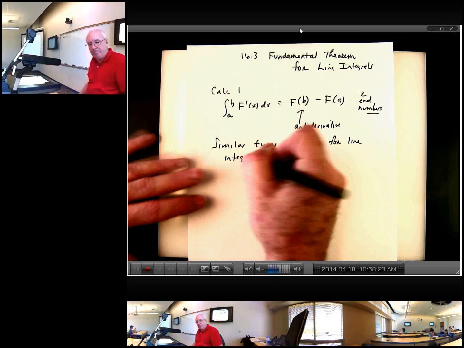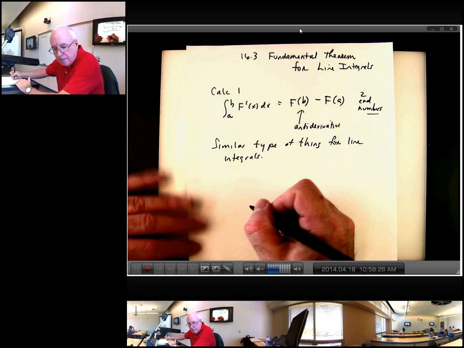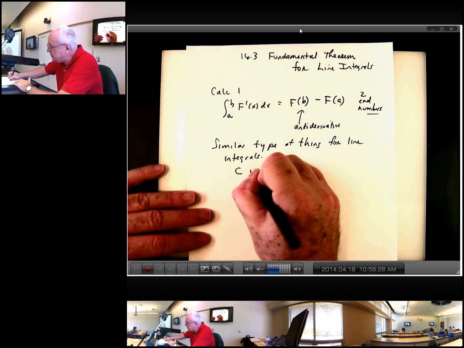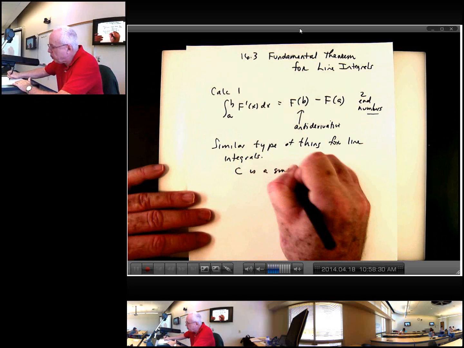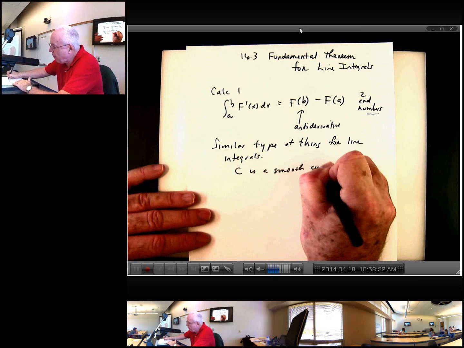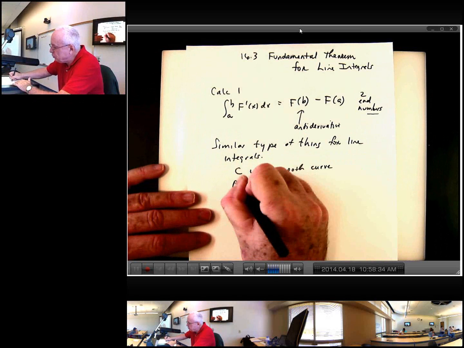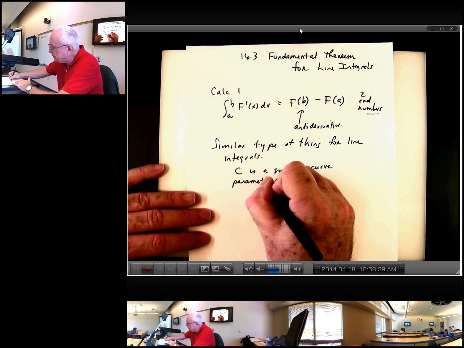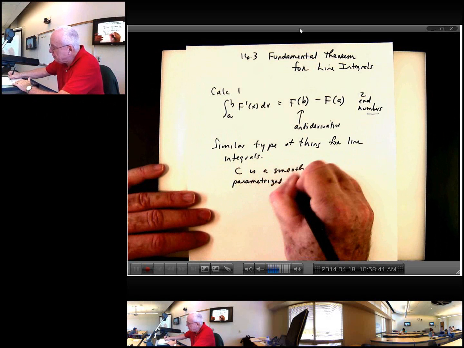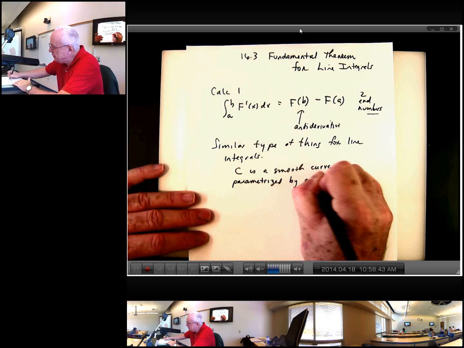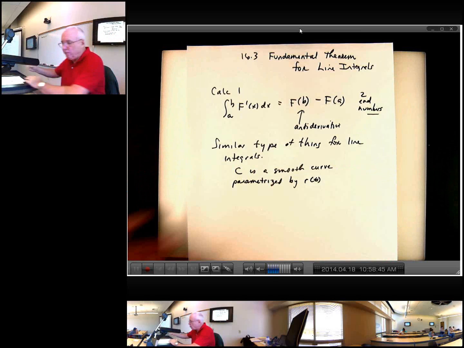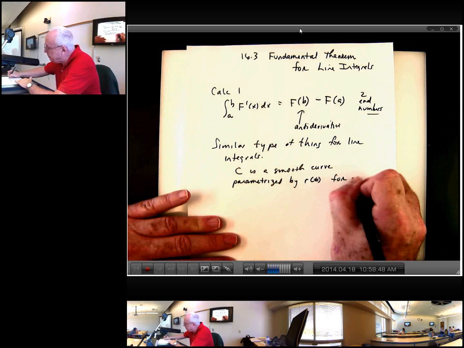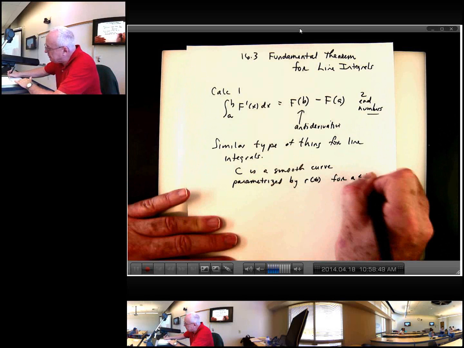All right. So again, we have C as a smooth curve. It's parameterized by some function r of t, for t going from a to b, for a less than t less than b.